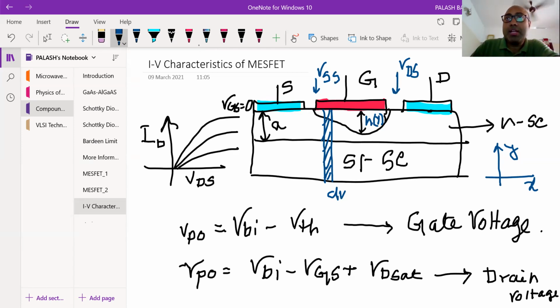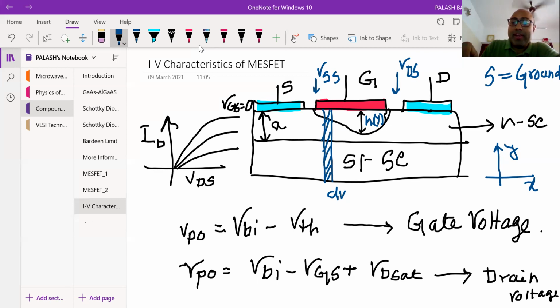And here also you consider that my source is connected to the ground potential, so that makes a zero potential.